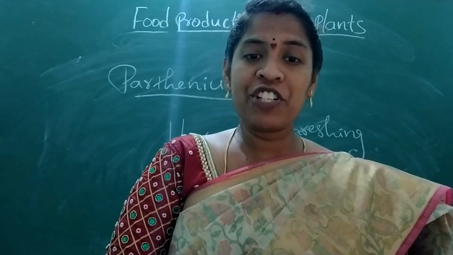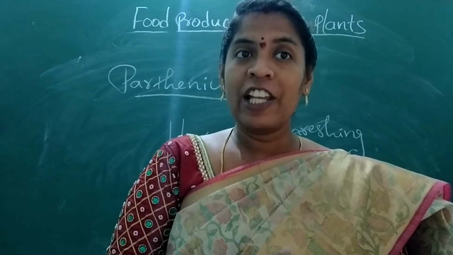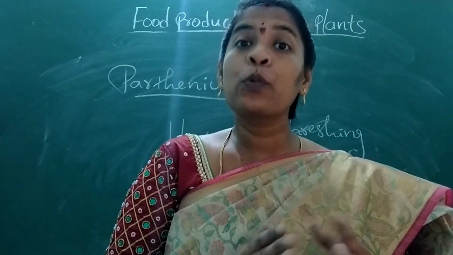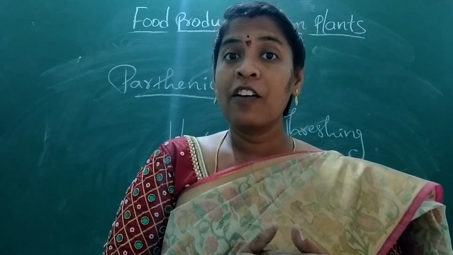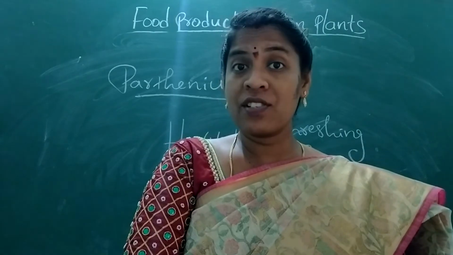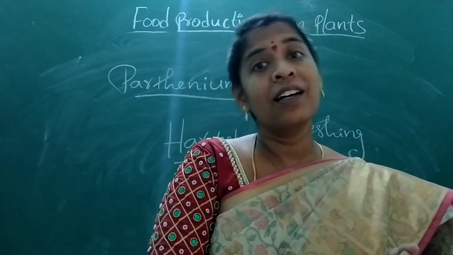Long night duration crops require more than 2.5 hours of night for the flowering of a plant. Short night duration crops require less than 2.5 hours for flowering. Based on that, we have to choose whether it should be Kharif or Rabi.